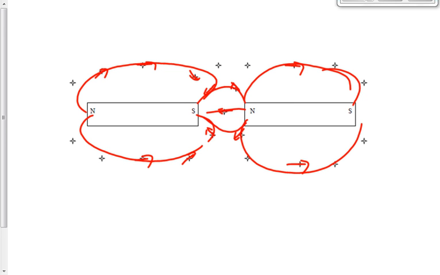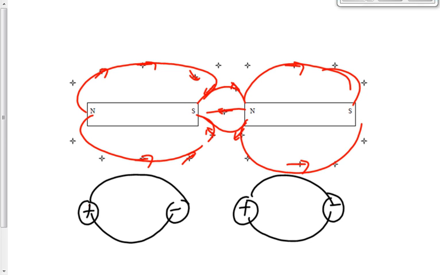Well, if we think back to electric fields again, that might look somewhat familiar as well. If we take a positive charge and a negative charge, and then another positive, and then another negative, and we draw the field lines surrounding those, it's going to look something like this.